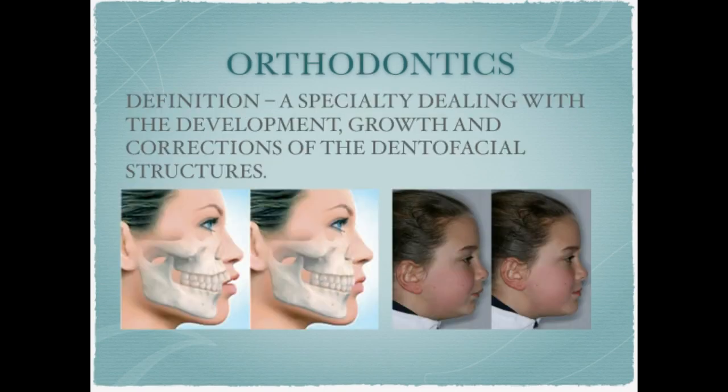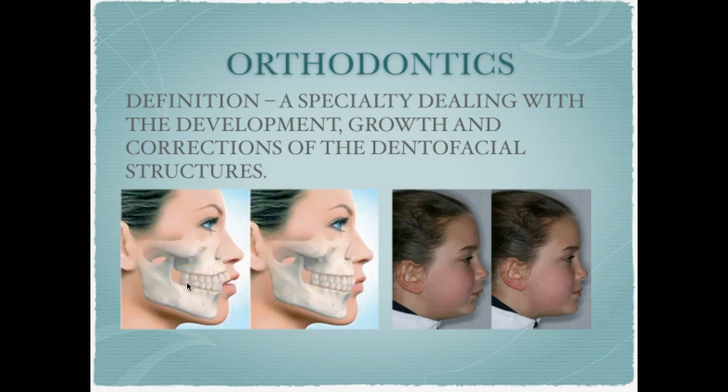So the definition of the specialty of orthodontics has to do with the development, growth, and correction of the dentofacial structures. We know from our dental knowledge that the bones of the face and certainly the position of the teeth influence the aesthetics of a person's face.